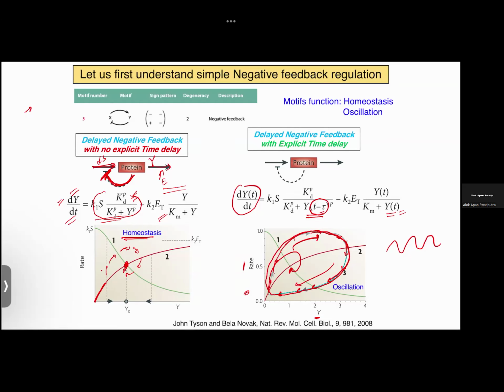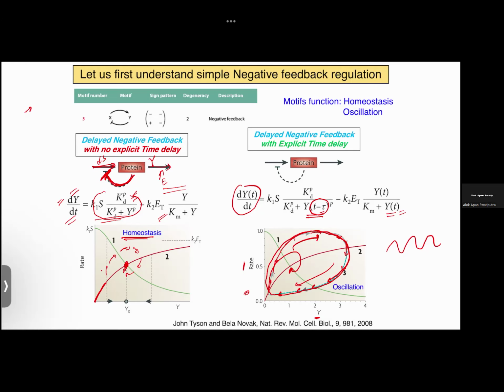Think physically. If you don't have a time delay, whatever is being produced is instantly being inhibited. So it is like a steady state situation, right? But if you have a time delay, you allow a certain amount of protein to build up. Only after that do you start degrading. But once you have degraded it enough, you don't have any protein monomers, protein polymers or aggregate forms left.